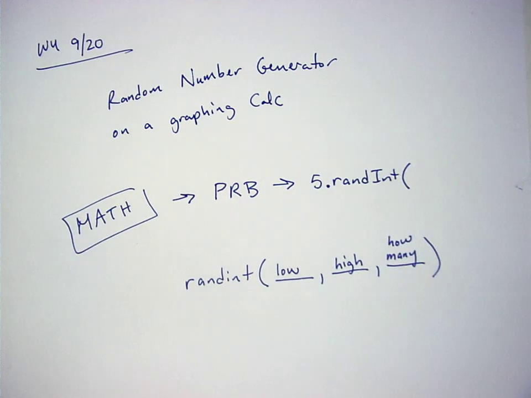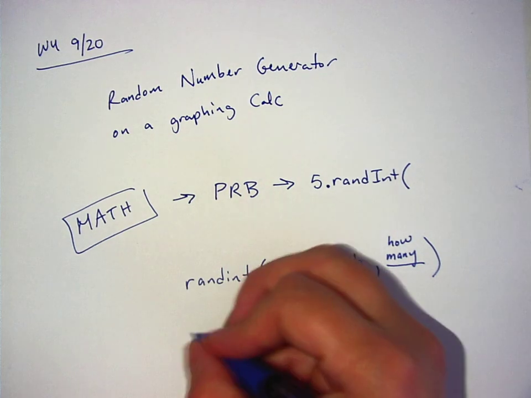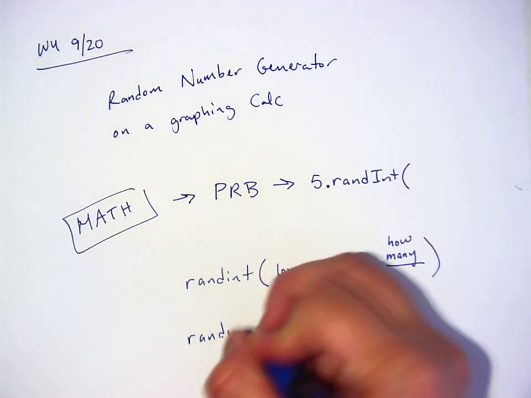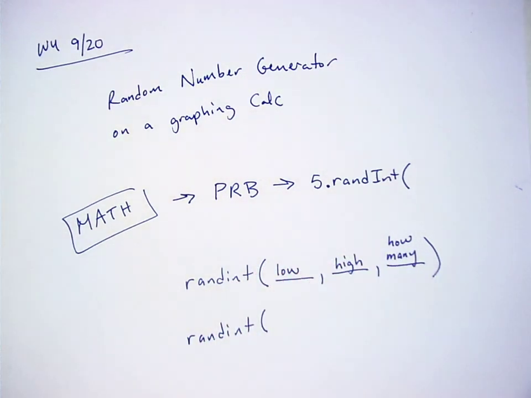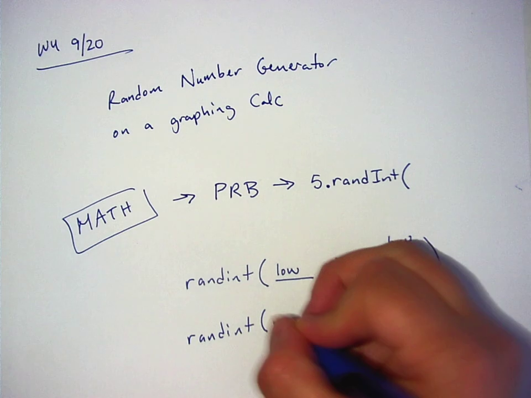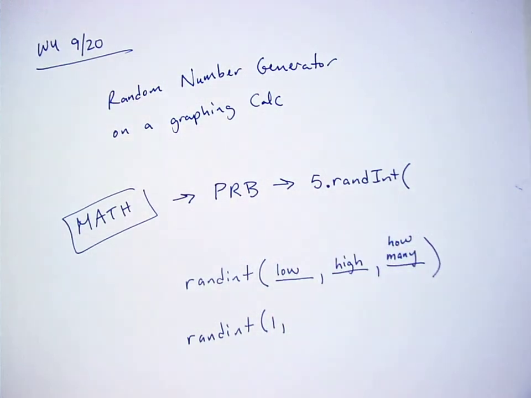So let's have you pick a number between 1 and 10. Just one number between 1 and 10. It would be random integer, and then what would be the first thing I'd write? 1. Where's the comma? Next to the square. Yeah, it's above the 7.